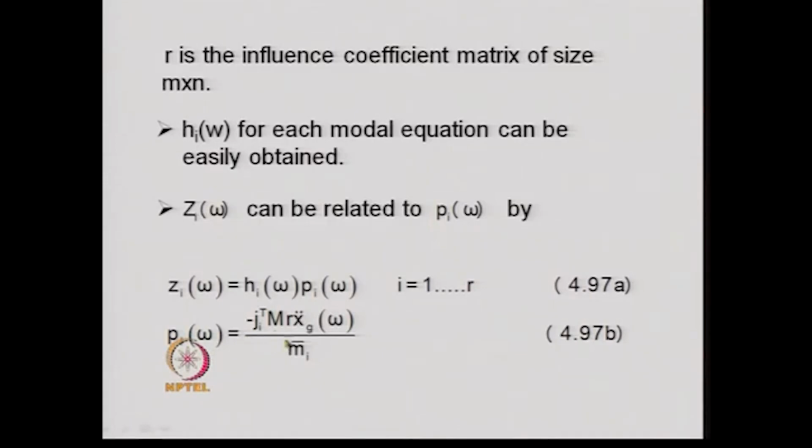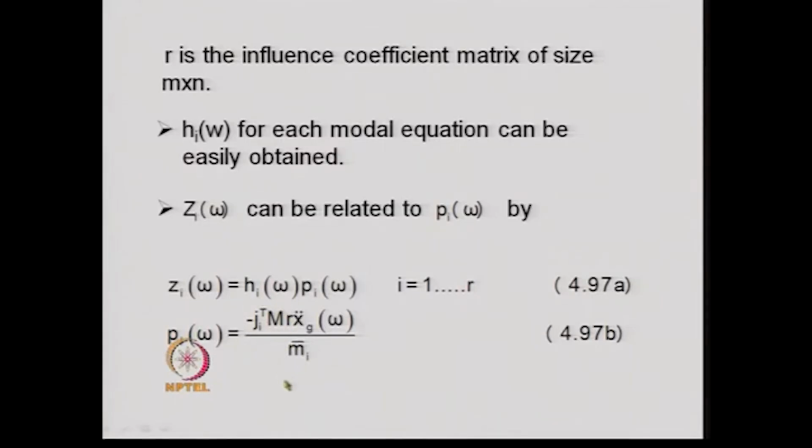Now, since S_pi has a relationship like this, one can obtain it using the formulation y = A x_g double dot. Using that relationship, we can find S_y, that is S_p, the power spectral density function of the force, which will be equal to A S_xg double dot A^T, where A will be equal to this entire J_i^T M r divided by m bar.